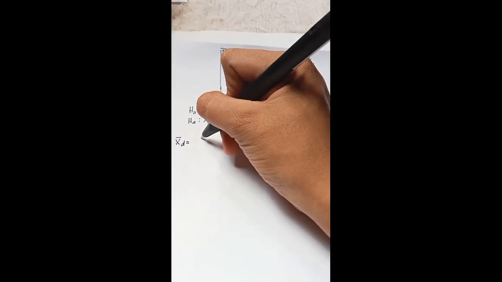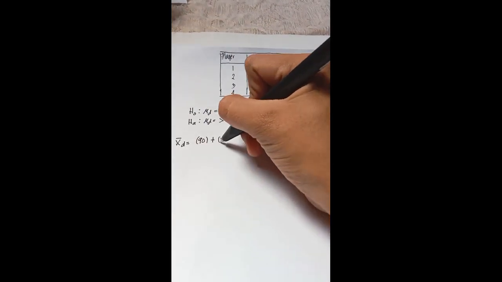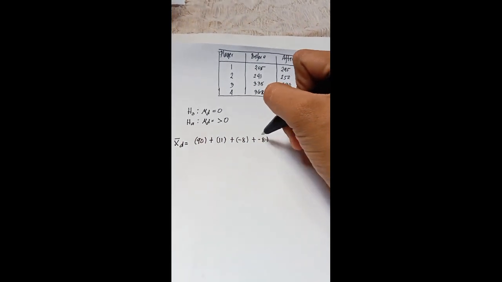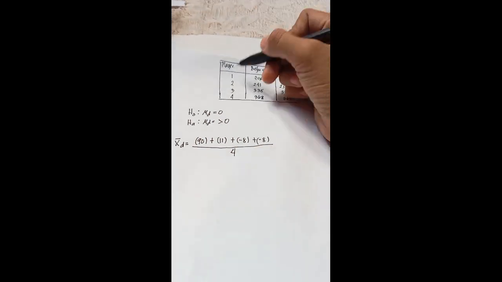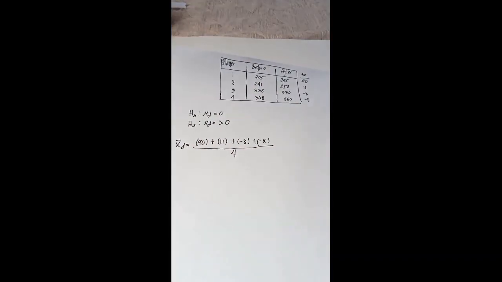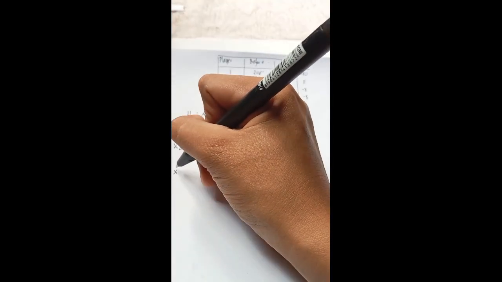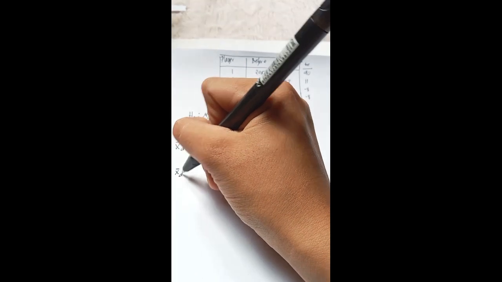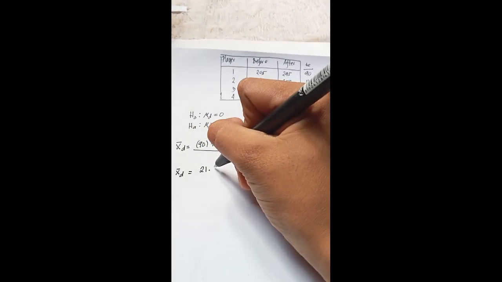We add up these four numbers, 90 plus 11 plus negative 8 plus negative 8, divided by 4, the number of subjects. So the sample mean that I got for the difference is 21.25.